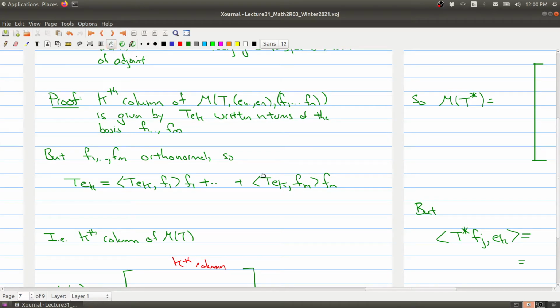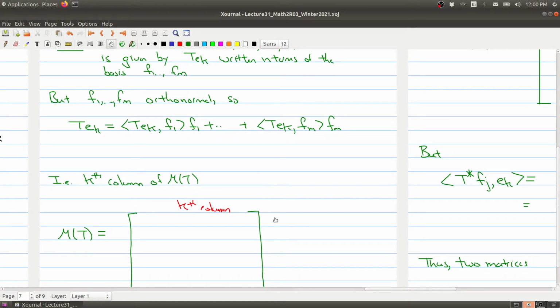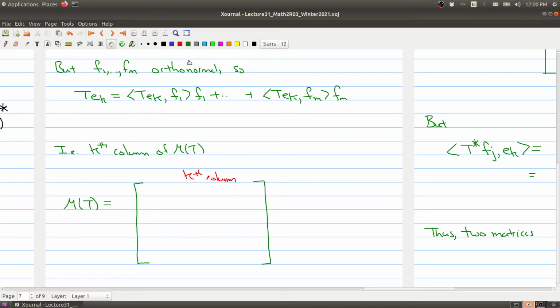So this is just the fact of using the orthonormal property. This tells me that all of these entries underlined in red become the entries in the kth column. So this is the inner product of T(Ek) with F1, then with F2, and so on all the way down to Fm. That gives me my kth column.